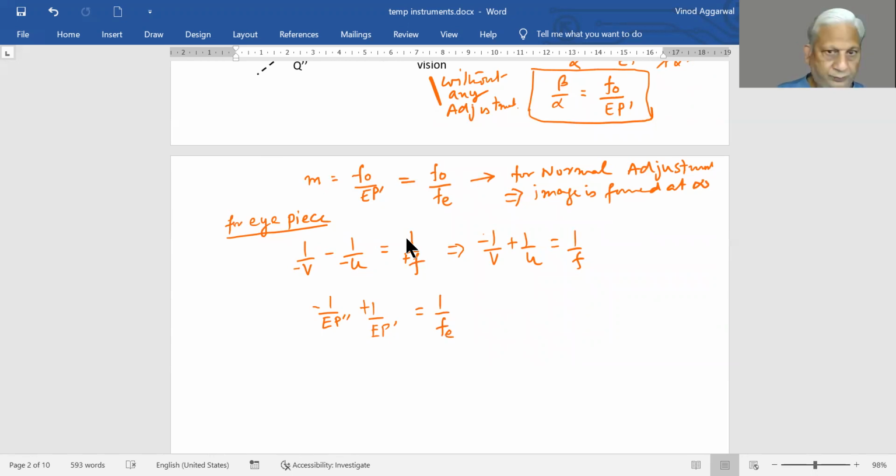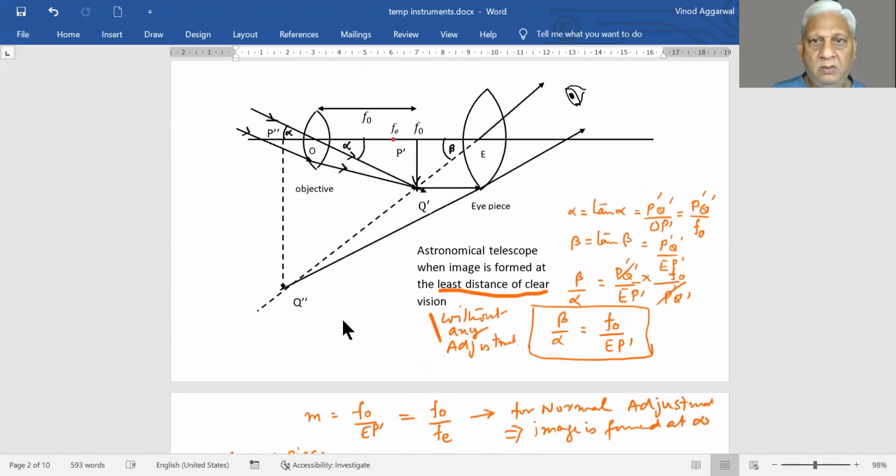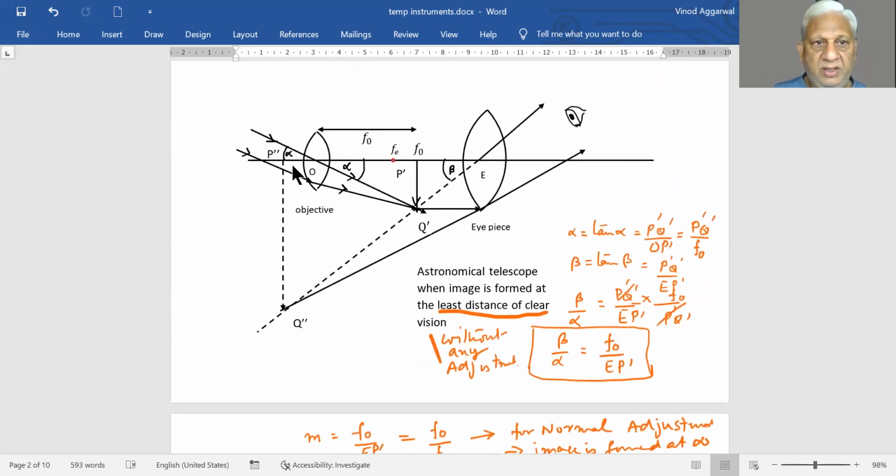Now this EP dash is where the image is formed.